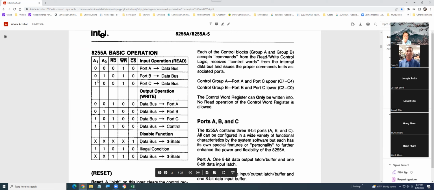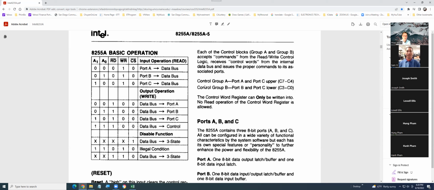The next one, you change to 0, 1. Now they're talking about port B. 1, 0 is port C. So that means you want to send data out up to 4. Then you have to follow that format. If you have any questions, just let me know.